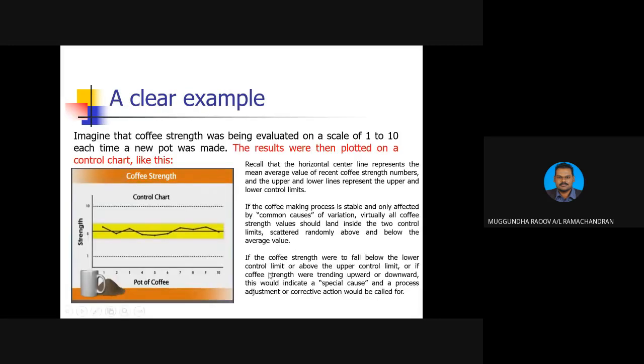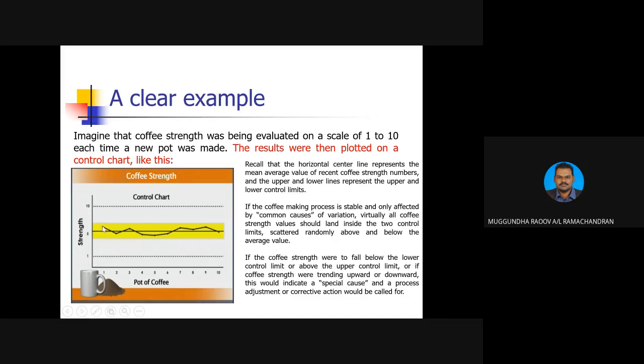Class, here I have given a clear example of coffee production, the coffee strain. For example, imagine that coffee strain was being evaluated on a scale of 1 to 10 each time a new pot was made. The results were plotted on a control chart like this. Here, the yellow line is probably plus minus 3.